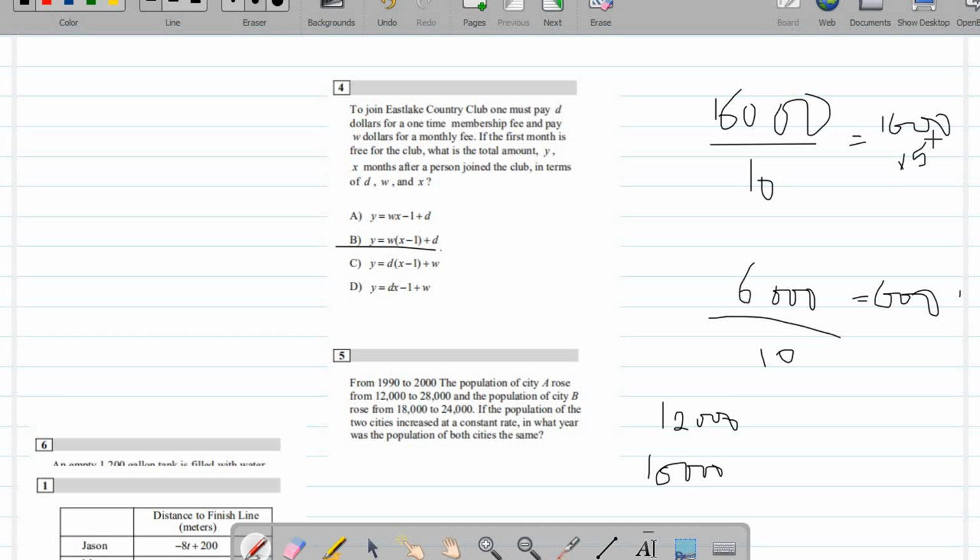1,600 times 5, you're gonna get 8,000. Add 8,000 to 12,000, we'll be having 20,000. That's just in the first 5 years.